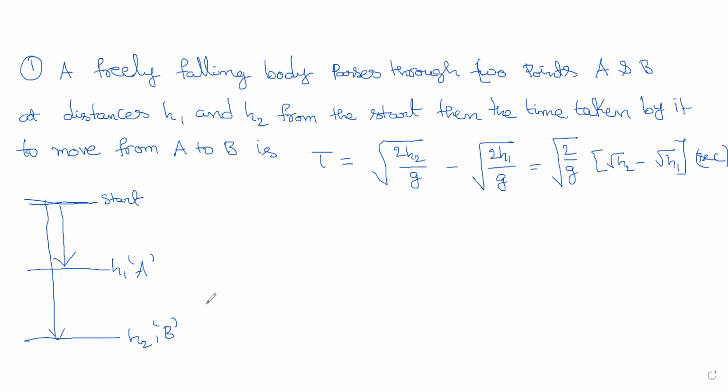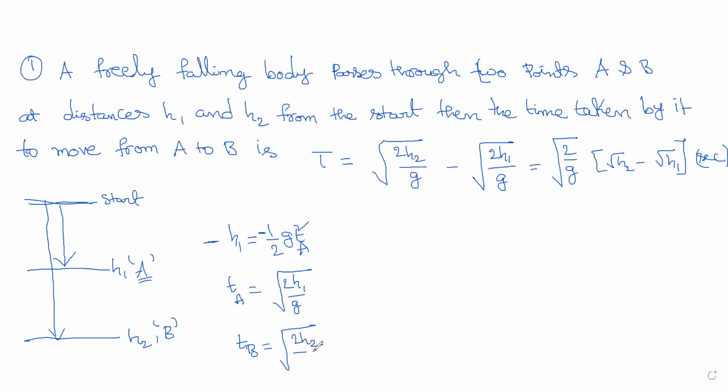Now it is very simple. How to calculate H1? H1 is equal to half g t square. This we have done. Reaching point A, let us say the time is TA, so H1 is half g TA square, so you get TA is equal to square root of 2H1 by g. Same way you get TB as square root of 2H2 by g.